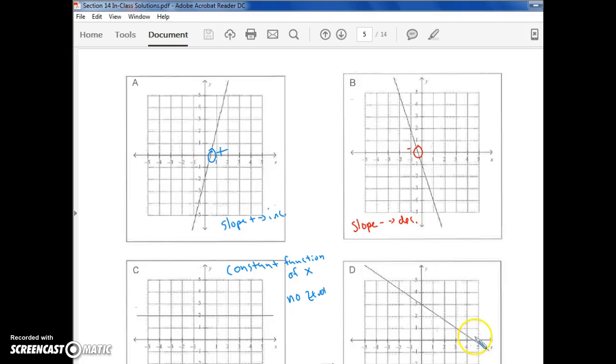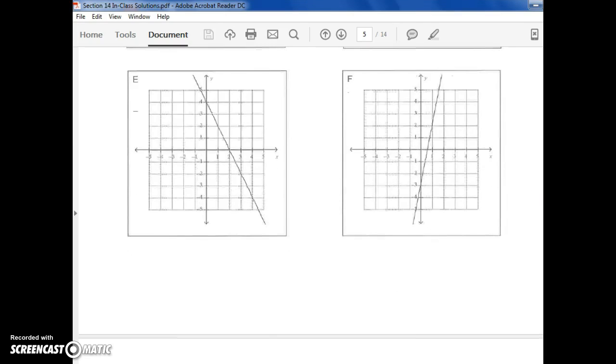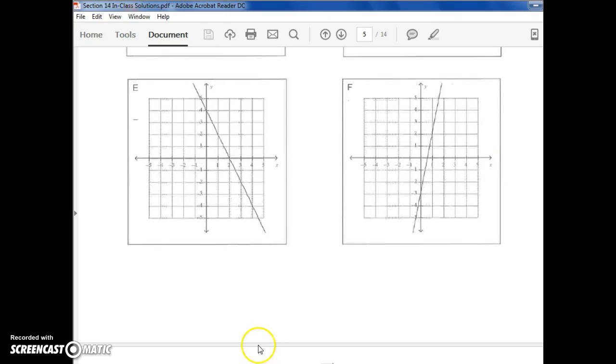Graph D, we have a positive x-intercept, so a positive 0. And the slope is going to be negative, which indicates a decreasing function. And graph E, we have a positive x-intercept, a positive 0 right here at 2.